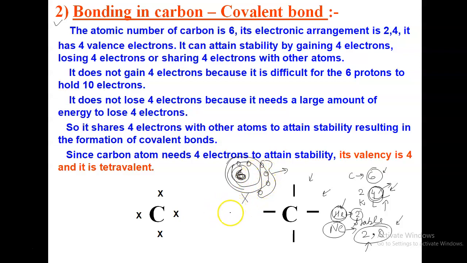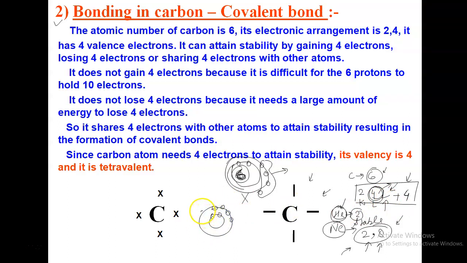If you want to make carbon a stable species, we can give 4 electrons to carbon. It has 4 electrons in the outermost shell, and we can provide 4 more, but here is a condition. Carbon says if you give me 4 electrons, my octet will be completed.